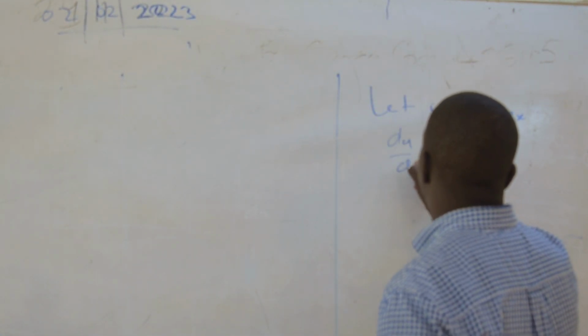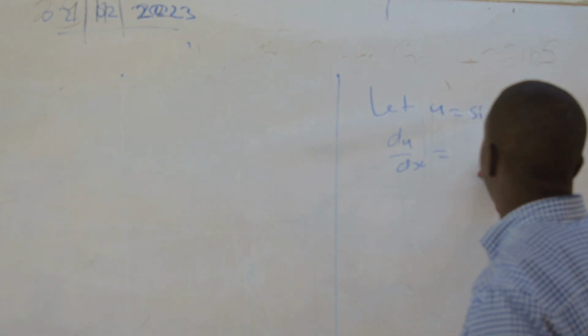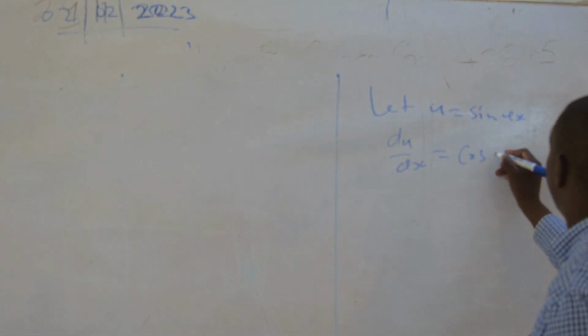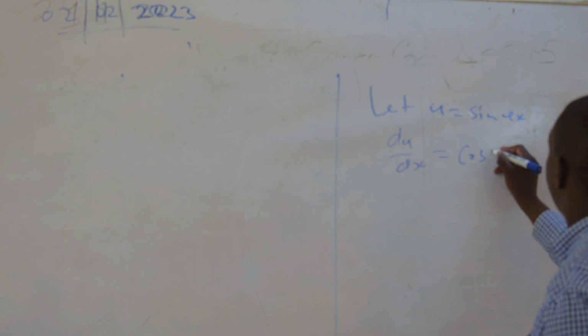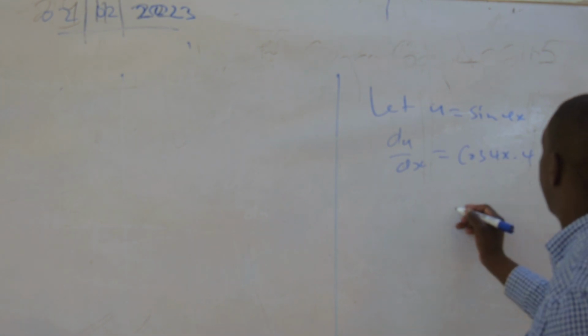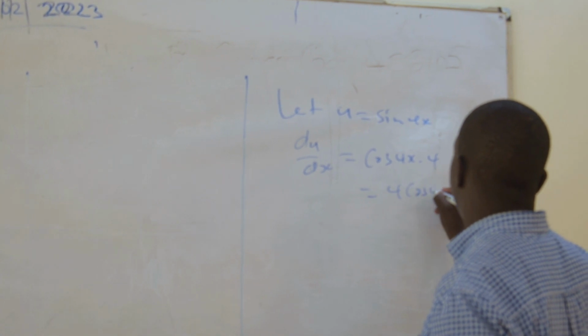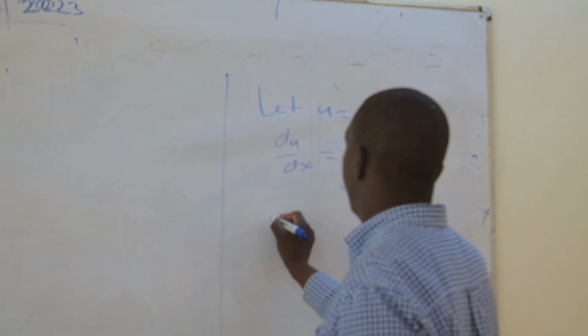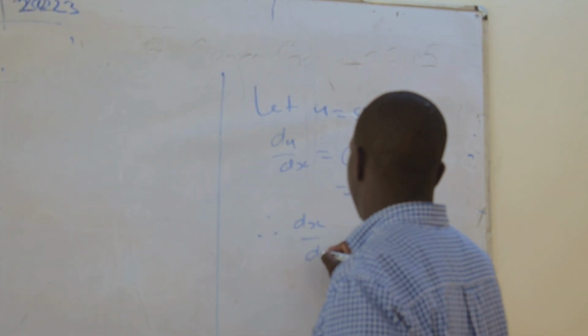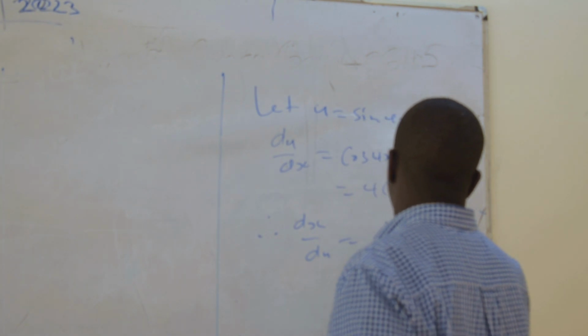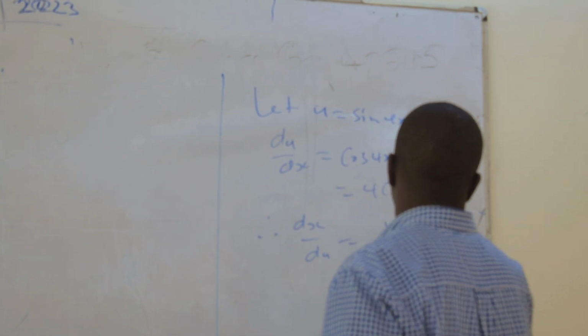Therefore du/dx is equal to positive cos of 4x times 4, which is equal to 4 cos 4x. Therefore dx/du is 1 over 4 cos 4x.